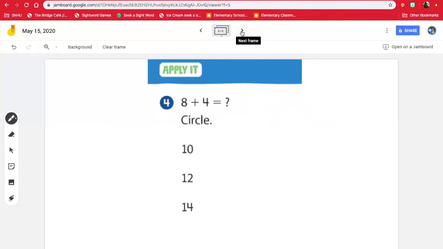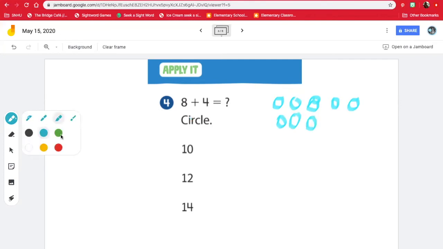Here's another problem. Here we need to solve it all the way. This one might be easier with counters. Let's try it. So I don't have a 10 frame, so I'm going to draw my first row with 5, then my second row with 5. So we have 1, 2, 3, 4, 5, 6, 7, 8.